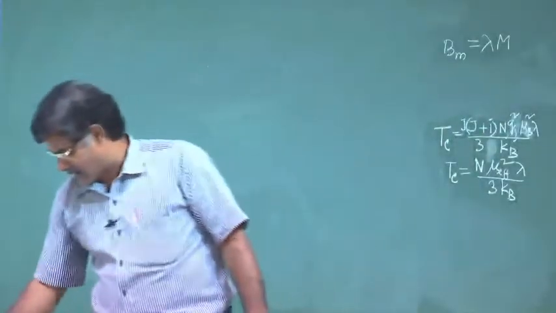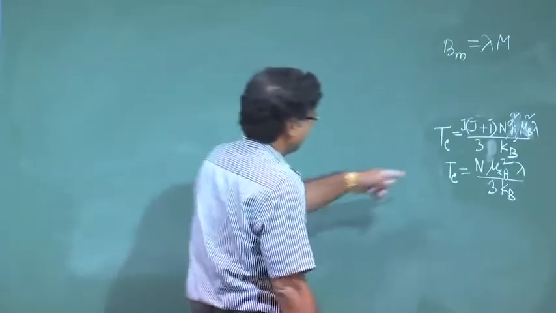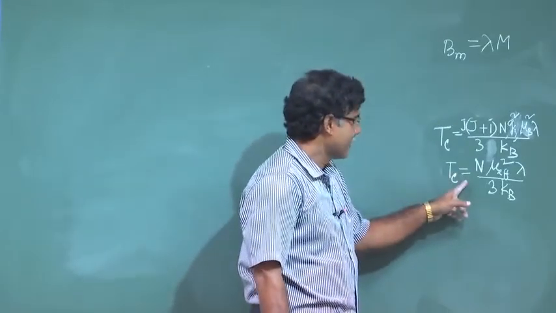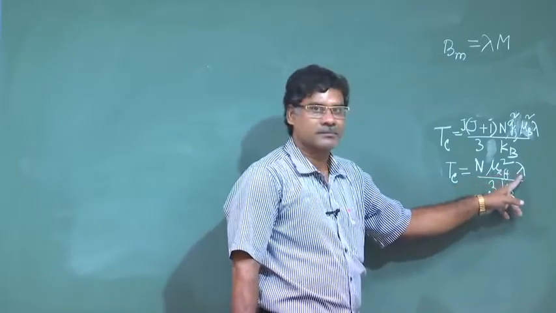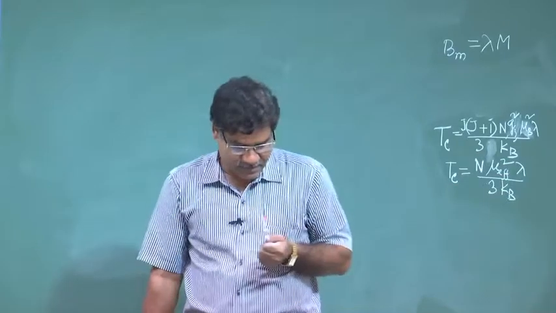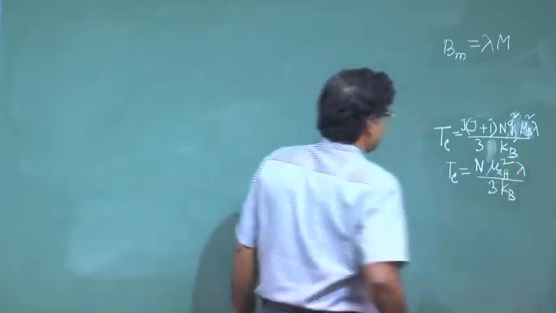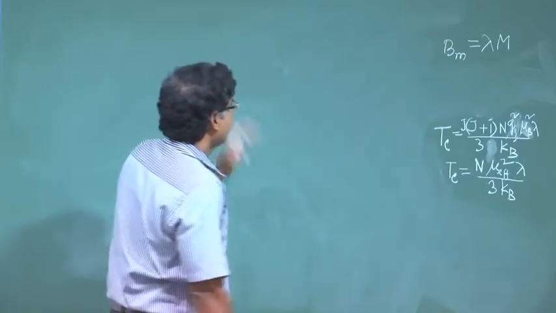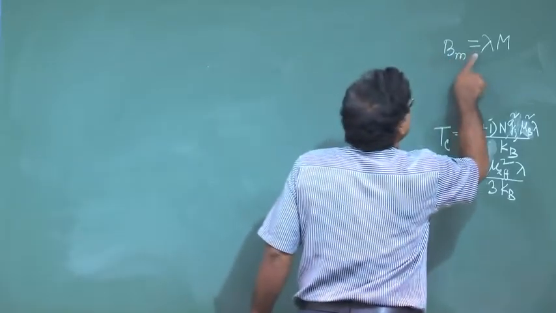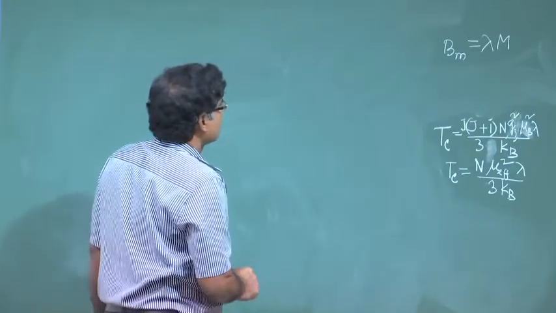So, we have calculated the Tc, and it is related with the exchange interaction energy constant lambda, right. So, now Bm is equal to lambda m.